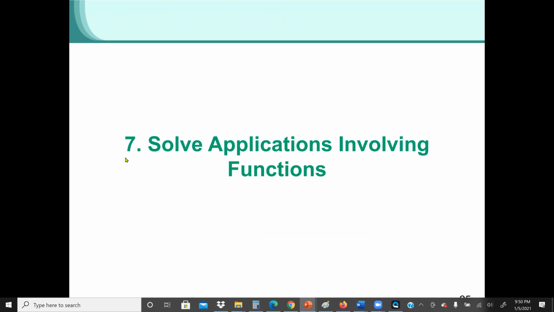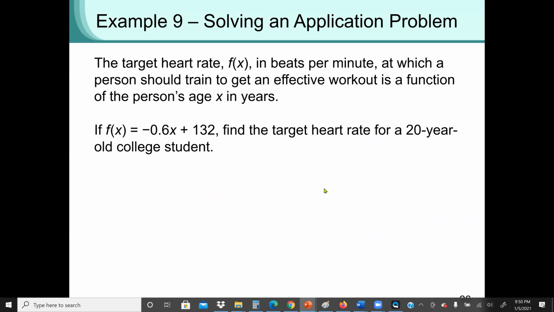So next we're going to solve one example on applications, solving applications involving functions. Our example says we have a target heart rate f at x in beats per minute, at which a person should train to get an effective workout, as a function of a person's age x in years.